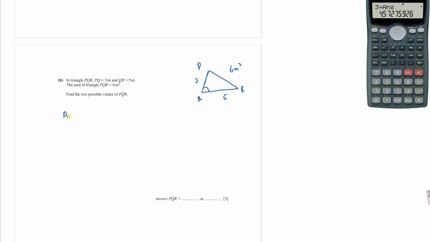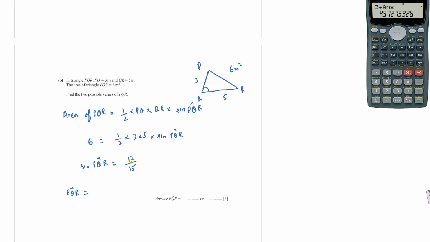So using the formula, the area of PQR will be 1 by 2 into the length PQ into the length QR and the sine of the angle between them, which is PQR. So area of PQR is 6 equals 1 by 2 into 3 into 5 into sine of PQR. So this will give me sine of PQR equals, 6 twos are 12, over 15.